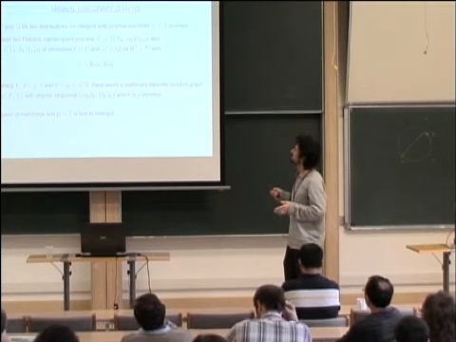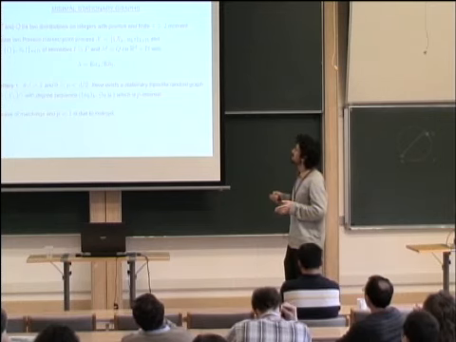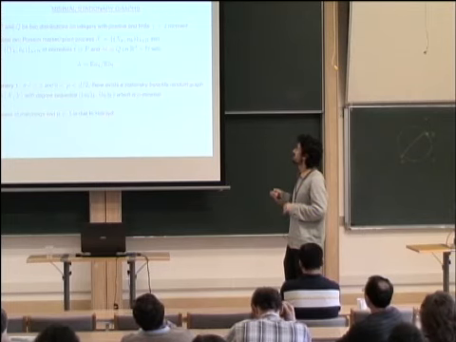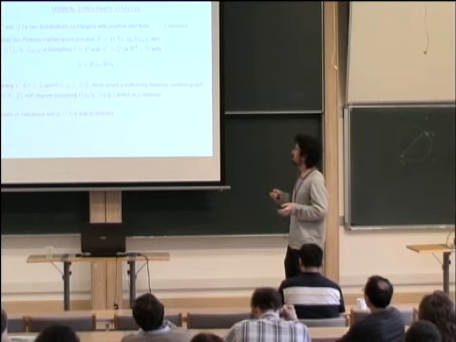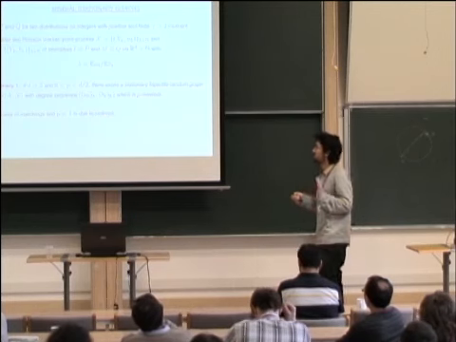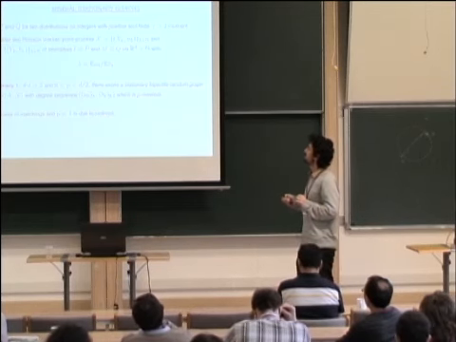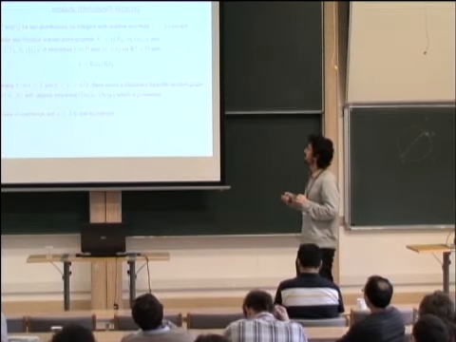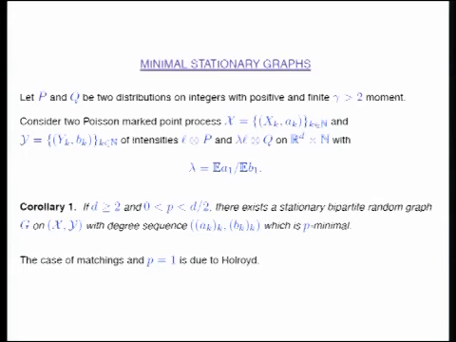Consider two homogeneous Poisson point processes, where the intensity of the points of x is 1 and the intensity of the points in y is lambda, and you have independent marks attached to all points, which have distribution p for the points in x and q for the points in y, and lambda and the expectations of a and b are related by the balance inequality.